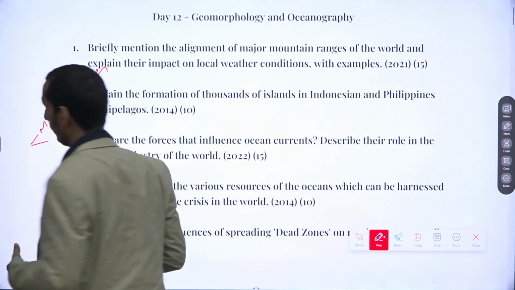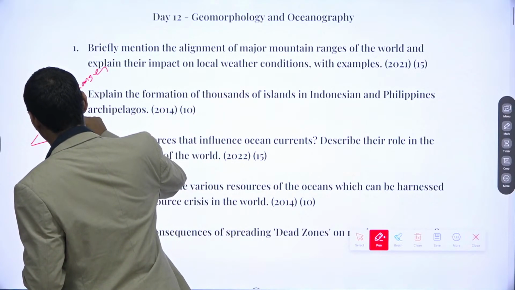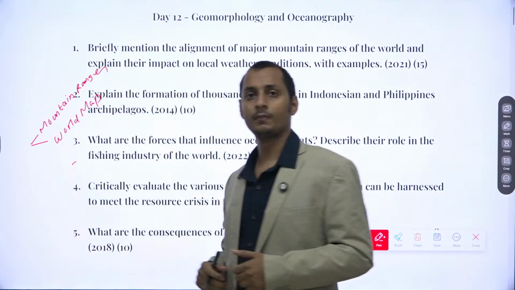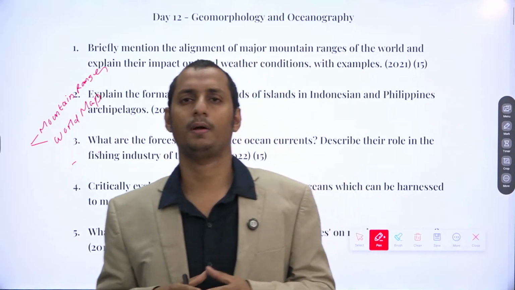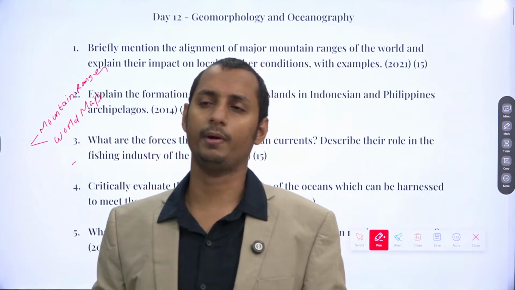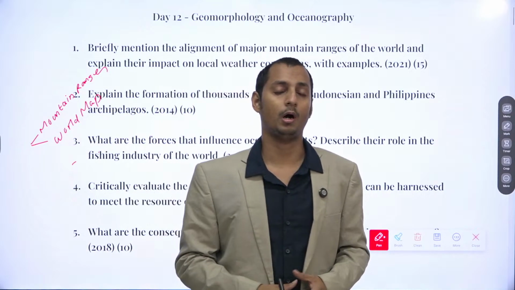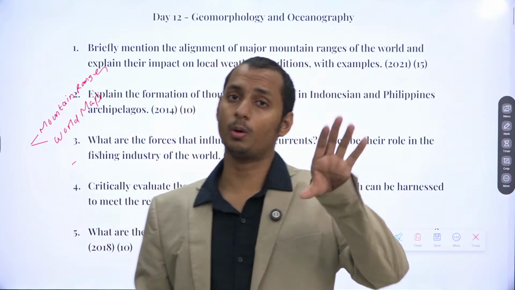You need to know the world map regarding the same, where Himalayas are, where Andes are, where Appalachian are, and the factors influencing it. You need to know about earthquakes, all the different factors of earthquakes, how different landforms are formed, such as how the Himalayas were formed, how the southeastern islands were formed. So you need to know about all these.